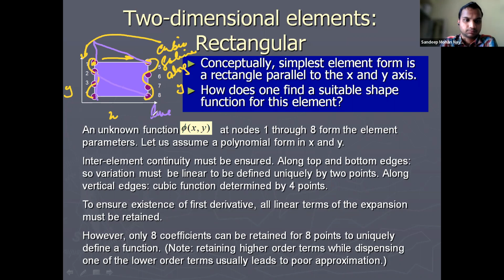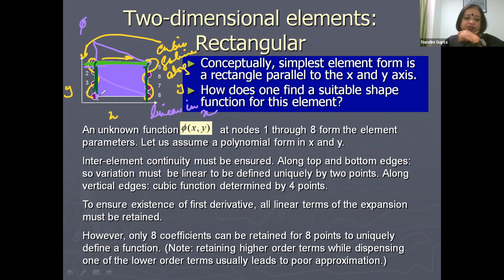That means your solution has to be linear in X. You don't have enough information. Because you have to ensure inter-element continuity, therefore phi has to be uniquely defined along this edge, along this edge, along this edge. So on all the 4 boundaries, phi has to be uniquely defined.